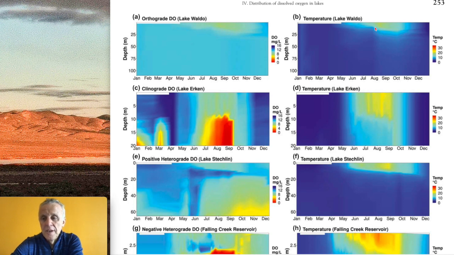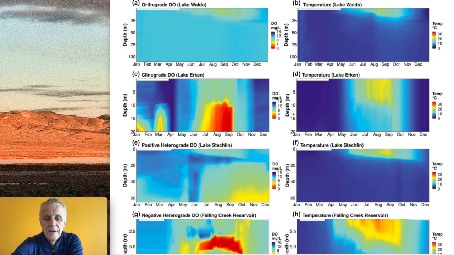There might be a little thermocline starting maybe in mid-May to early to mid-November, and the depth is maybe at max about 20 meters.